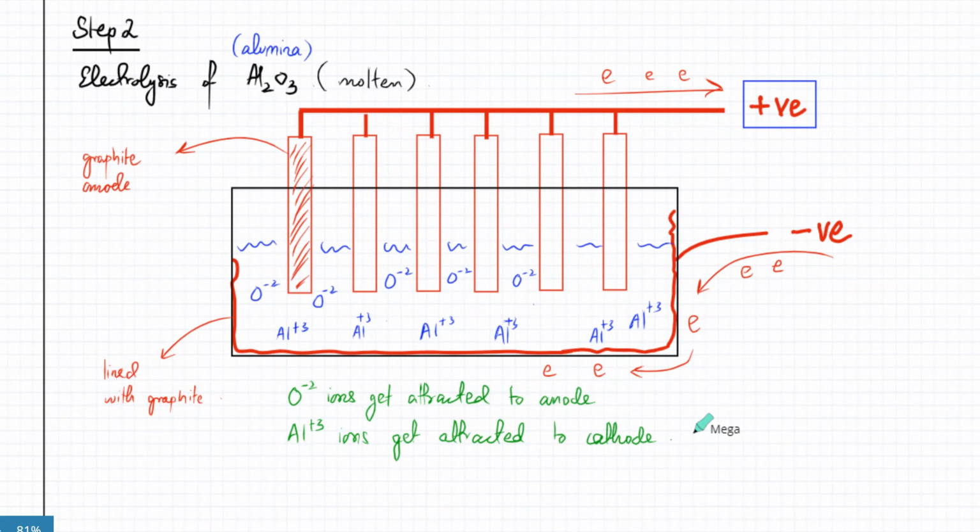So now the last step is this is what's going to happen. The O-2 ions will all get attracted to the positive terminal, which is the top anode, because they're connected to the positive terminal.